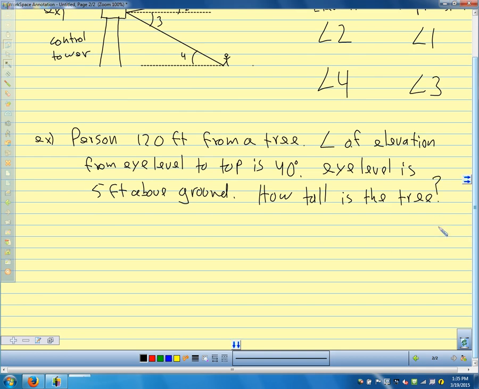So on these kinds of problems, if they don't give you a picture, always draw a picture. So here's my tree. And here's the ground. We're assuming that the ground is horizontal, even though my drawing might not look like it. And we're also assuming that the tree is growing straight up, so that's a 90-degree angle. Well, here's this person standing over here.